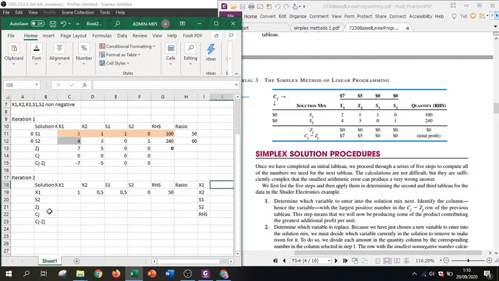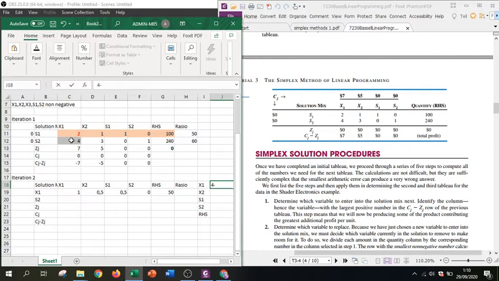x1, we have the old row. Yeah, the number, this is 4 minus, yeah, pivot in this element.